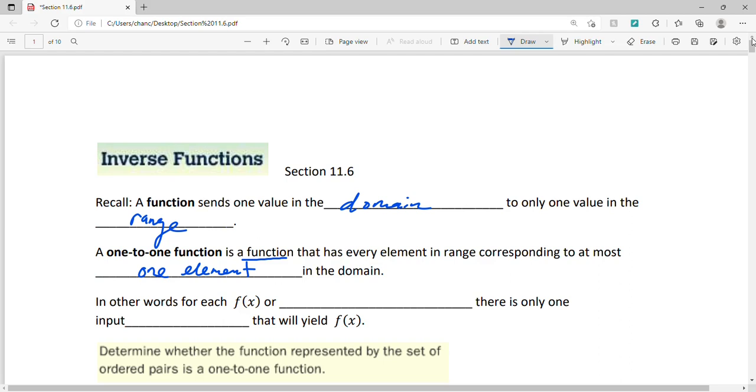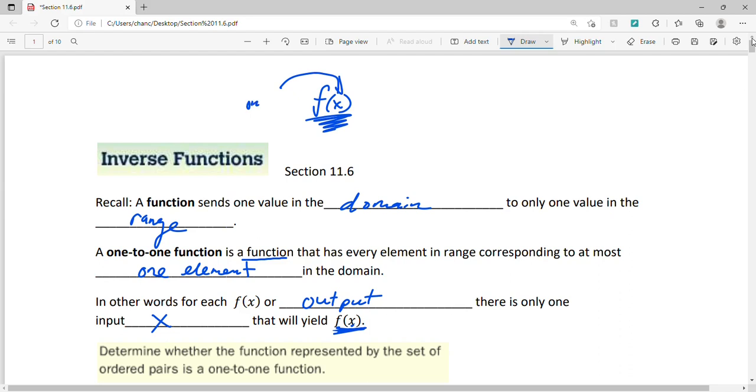What does that mean? Well, in other words, for each f of x, or output, there is only one input x that will yield our f of x. That essentially means for each output f of x, there is only a unique x.